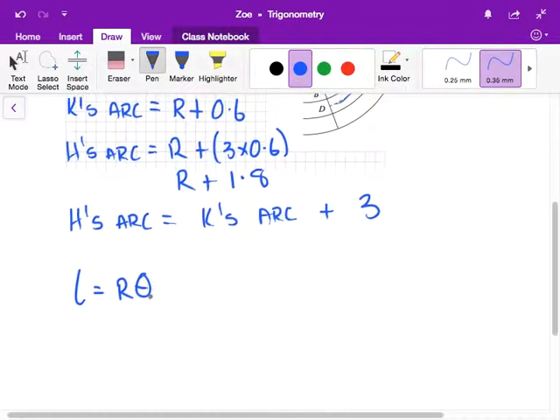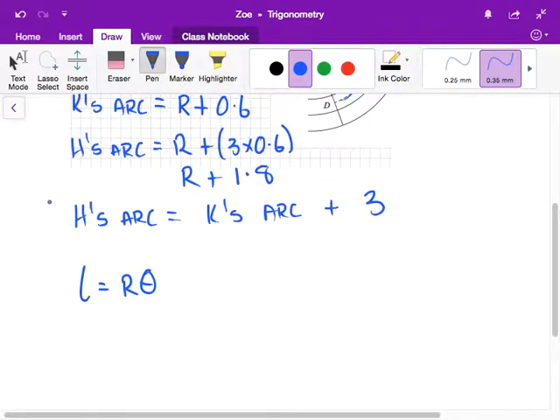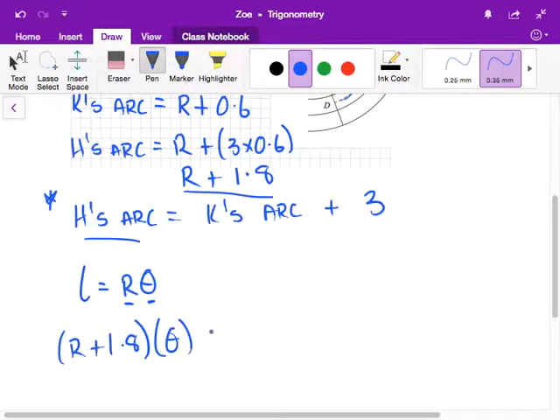Okay? So if we use this little formula here, we'll do Helen's arc first. So Helen's arc is her radius by theta, and Helen's radius was this thing. So it's R plus 1.8 multiplied by theta. Now Kate's arc is her radius by theta, so her radius is R plus 0.6 by theta, and then we have the plus 3 at the end.